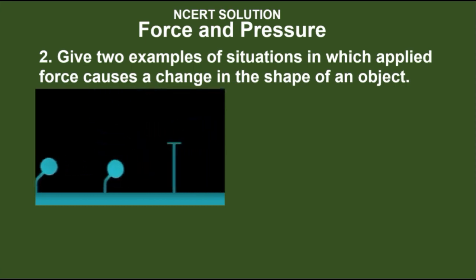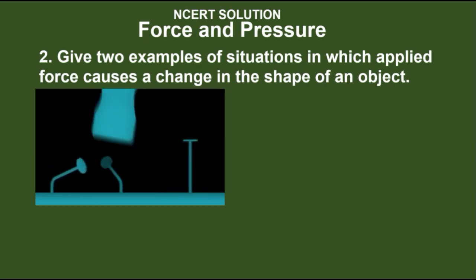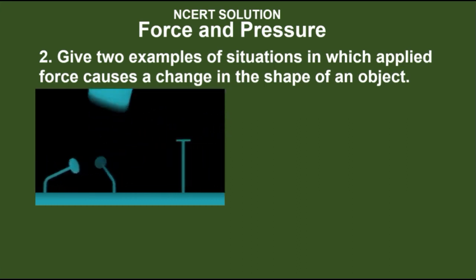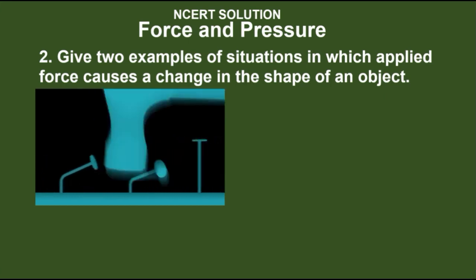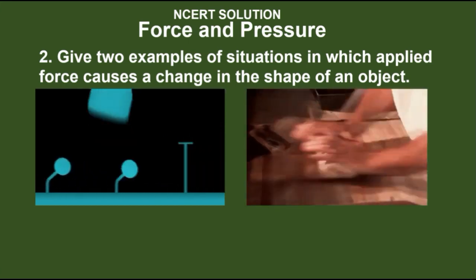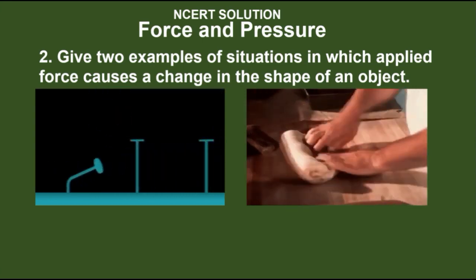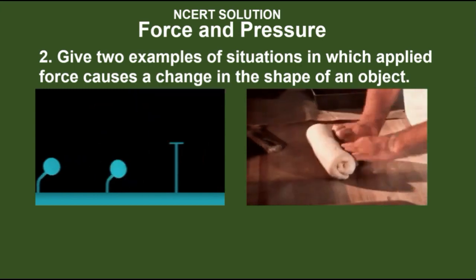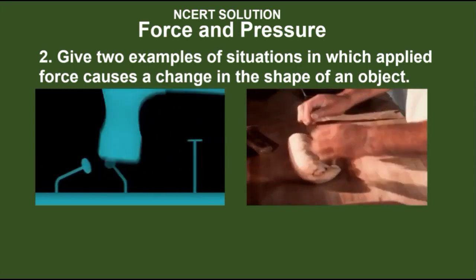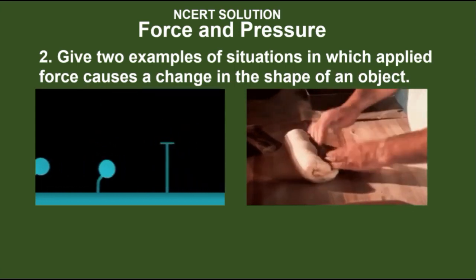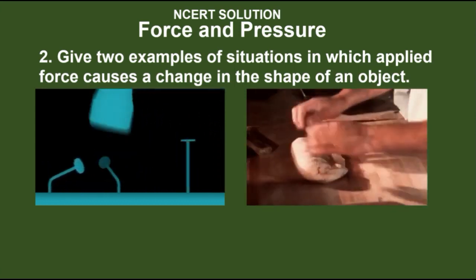We miss the target and then the nail gets bent. That's one example of change in shape. And the best example, every one of us sees in our home, dough making. And what happens here? The dough gets changed in its shape every now and then, where muscular force is applied on it. So again here I request you to write your own answers.